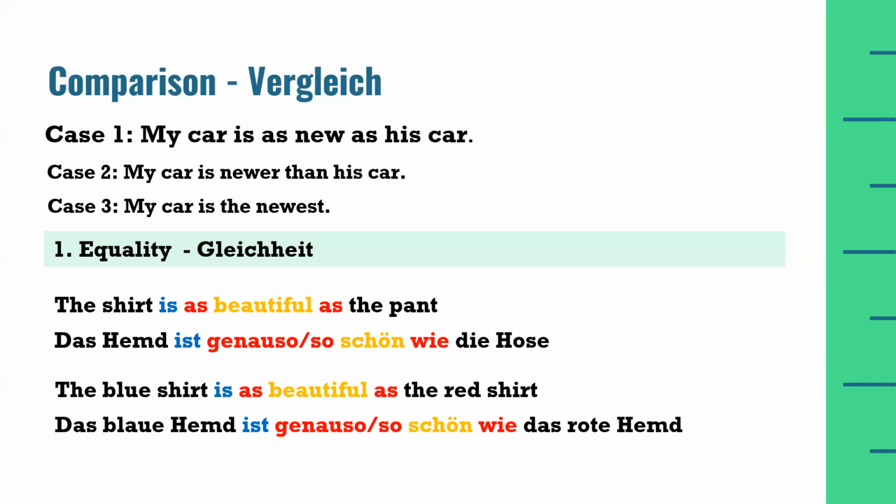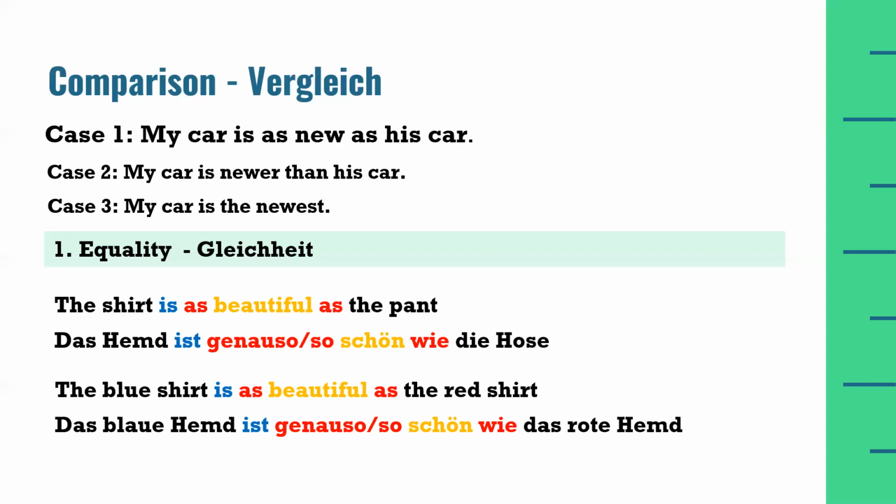Now, because we know that Hemd is a neuter noun and blue here is used as an adjective, and we know that adjectives have specific endings: since Hemd is in the nominative case and it's a neuter noun, we have to add an e at the end of "blau", which means blue. So "blau" will become "blaue". Thus "blaue Hemd ist". Then comes the phrase "as beautiful as". For this phrase in German, the equivalent is "genauso schön wie", or we can simply use "so schön wie".